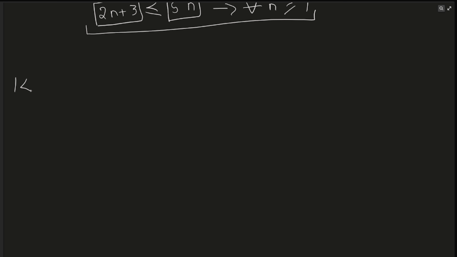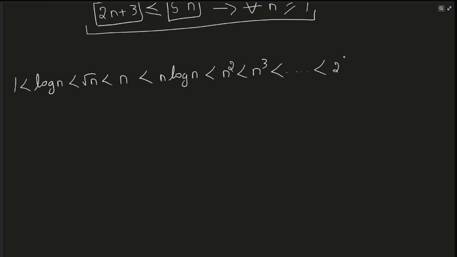We know 1 is less than log n, which is less than root n, less than n, less than n log n, less than n square, n cube, goes till 2 to the power n, 3 to the power n, and this goes till n to the power n.